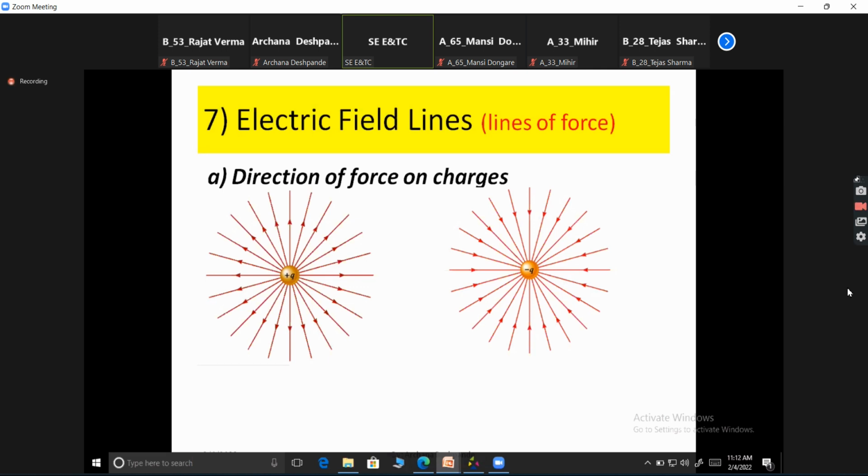But remember that this distribution of field is valid as long as the medium is isotropic in nature, meaning in all directions the property of the medium is not changing. If the property of the medium changes, then the distribution of the field is going to change. And the same concept is used in the design of a capacitor. In a capacitor we put a dielectric material because of which the distribution of the field changes.